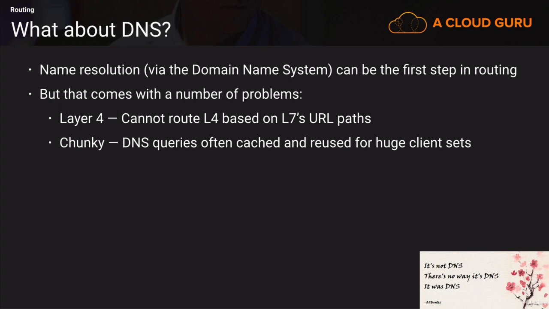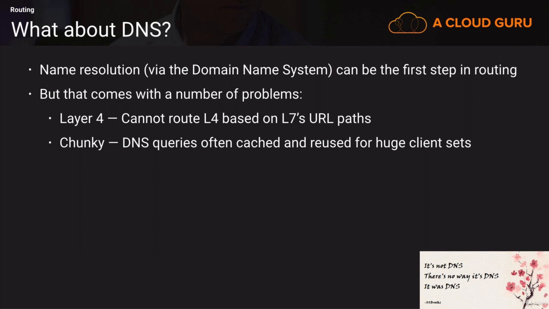Oftentimes you'll find that one single DNS query is cached and reused for huge sets of clients. This can often happen with ISPs or large corporations, and it can mean that even though you want to send half of the traffic to one resource and the other half to another resource, you could wind up getting almost all of the traffic to one of them and almost none of it to the other. Obviously, that's not what you want from a load balancing perspective.